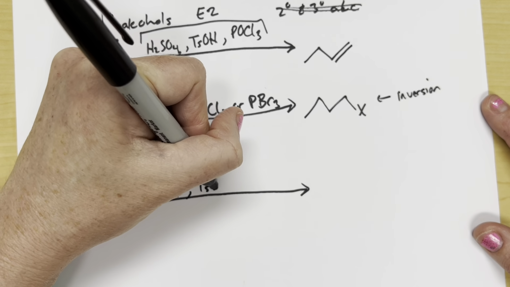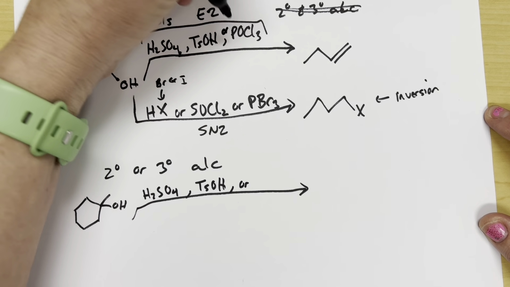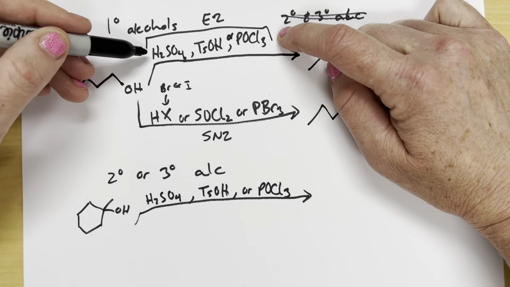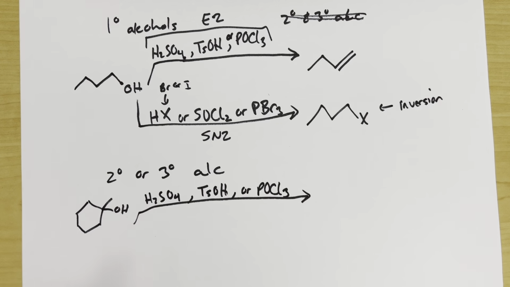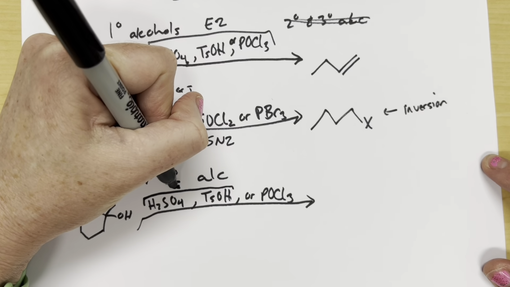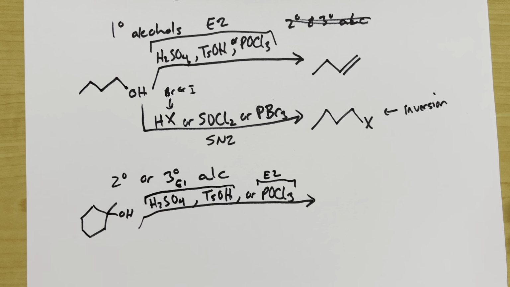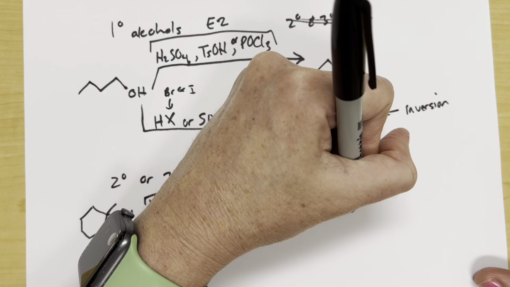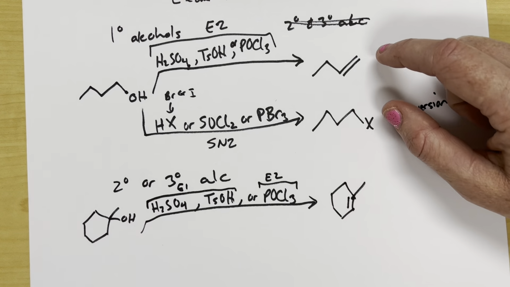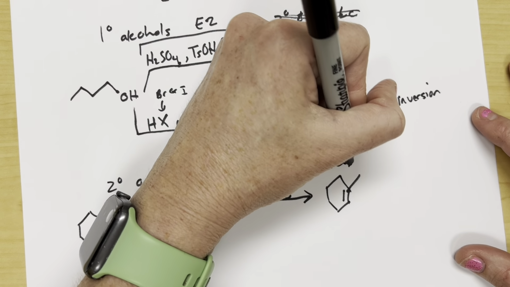You can use TsOH, same exact thing. Or you can use, I should have put an or up here, POCl3. The exact same ones. But because it's secondary or tertiary, these two at least will occur via E1. And this one will occur via E2. And you get this product. Yes, you would have a minor product, and same situation up here if there happened to have been something that was minor, but this would be the major product you would get.